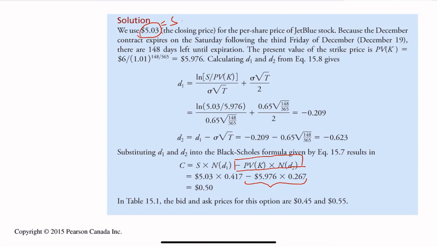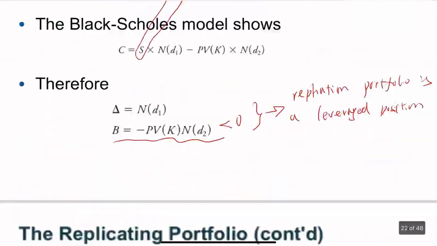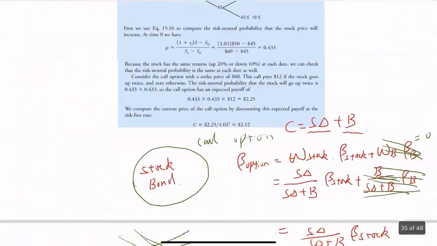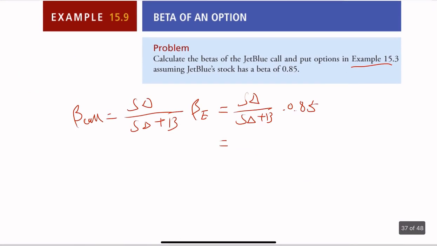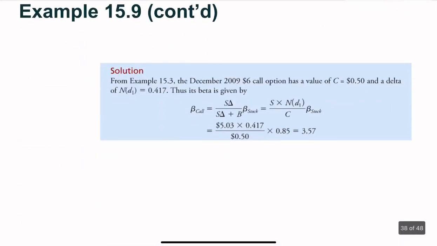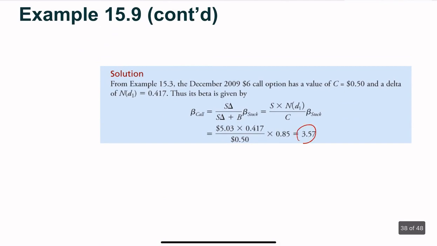What is delta? Delta is given by N(d1). So this is delta, right? So now we have S, delta, and B. Now just plug these numbers into the formula, and we can find out the beta of the call option is given by this number, right?